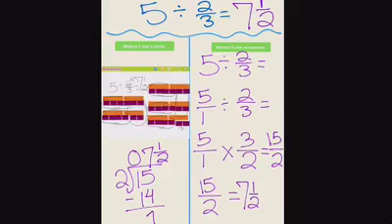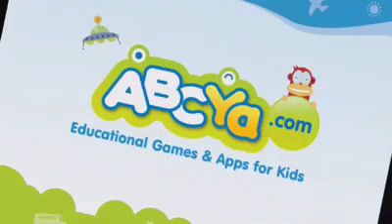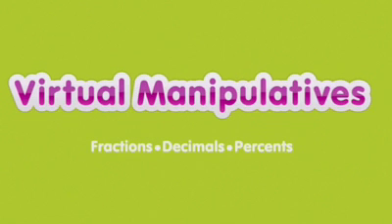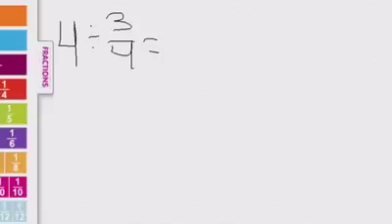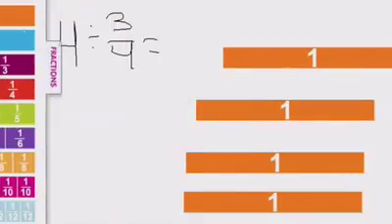Alright, let's try another one. Our next one is going to be 4 divided by 3/4. So again, let's pull up our virtual manipulatives. And we're going to write down 4 divided by 3/4. Again, start by modeling that 4, our dividend.